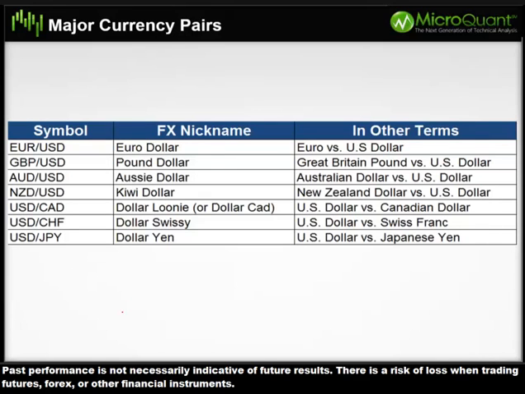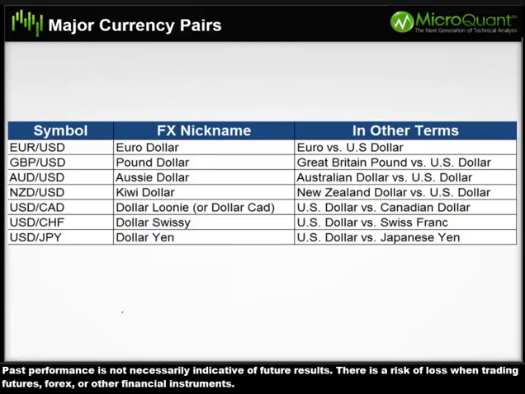So the major currency pairs, these are the biggest and most commonly traded currency pairs in the Forex market. About 85 to 95%, it varies on what stats that you look at, but about 85 to 95% of all transactions in the Forex market happen in these 7 pairs. The reason why these are called the major pairs is because they are paired with the US dollar.